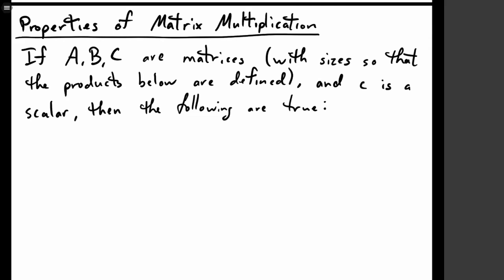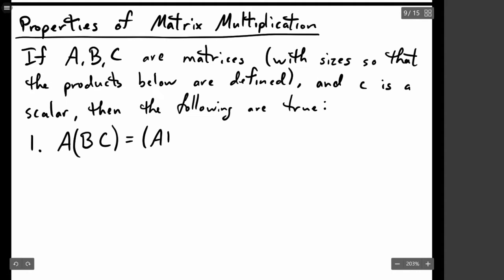And little c is just going to be a scalar. Then what can we say? Well, one is, what happens if we want to try and multiply together three matrices? It turns out that matrix multiplication is actually associative. So we can multiply them in whatever order we want.